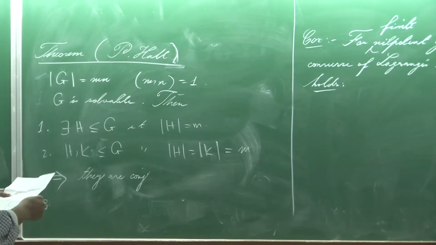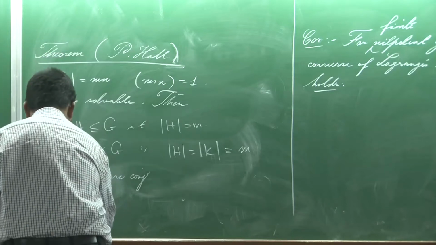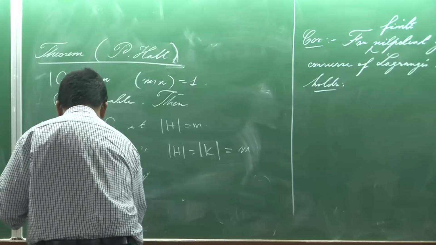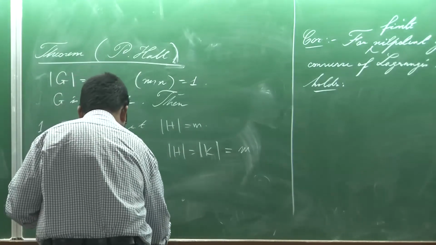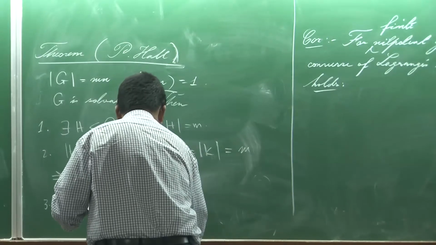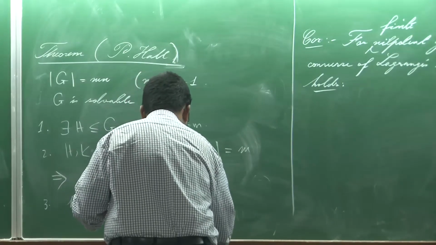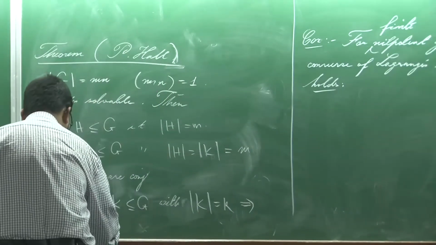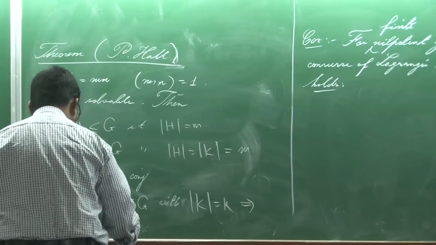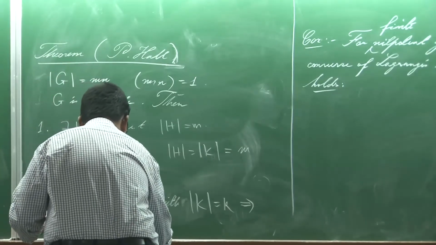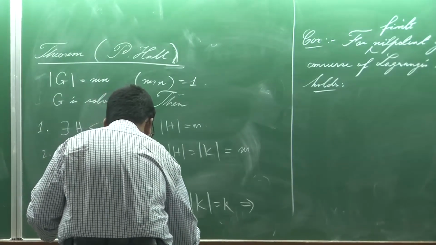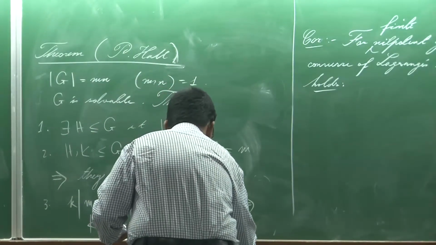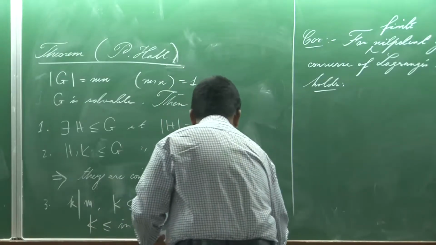The third condition says that if k divides n, of course k positive, and K is a subgroup of G with order of capital K equal to small k, then K is contained in a subgroup of order n.